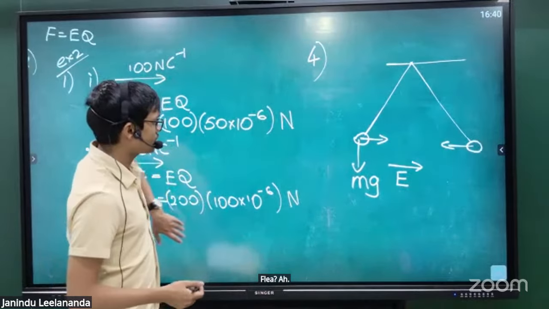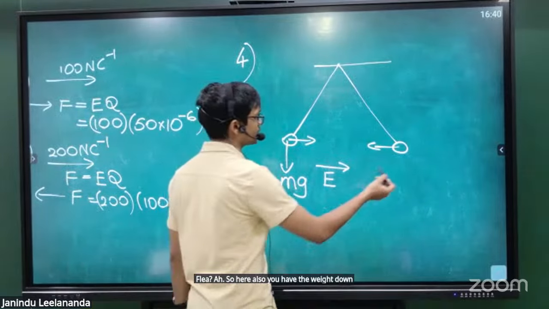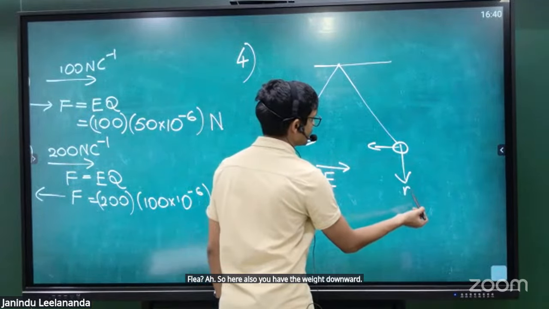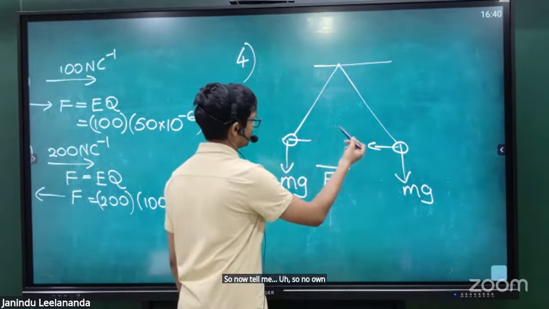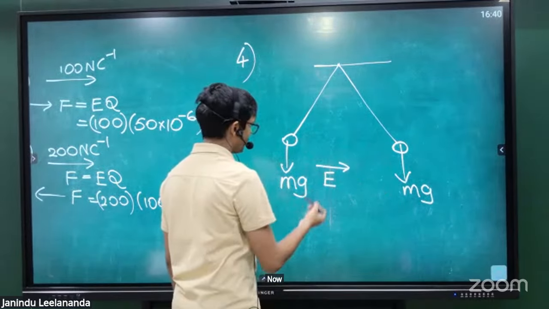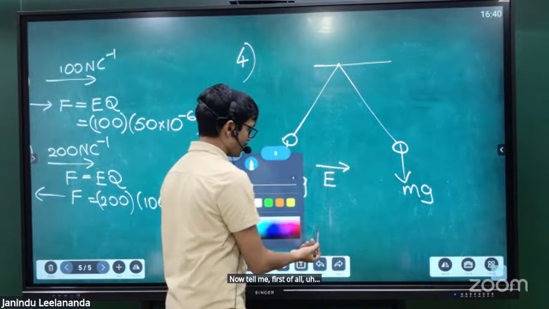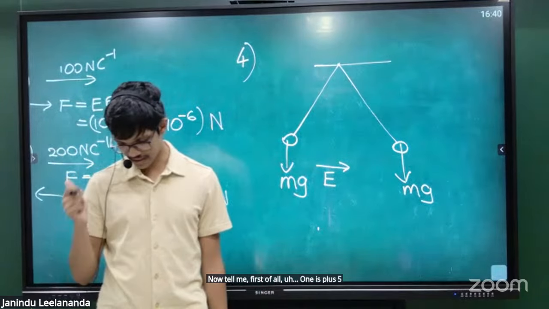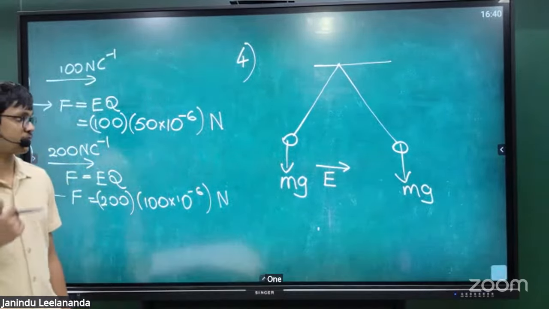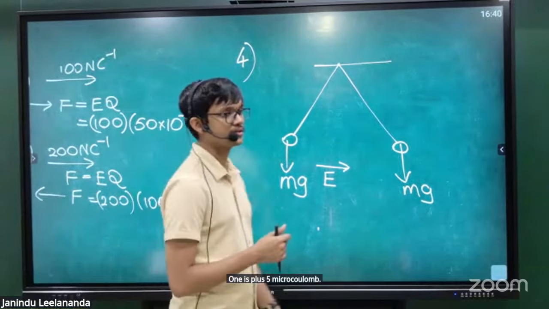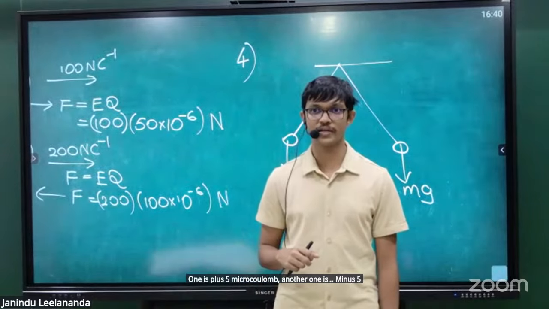So here also you have the weight downward. So no own attraction gravitational force. Now tell me, first of all, one is plus 5 microcoulomb and other one is minus 5 microcoulomb. Clear?